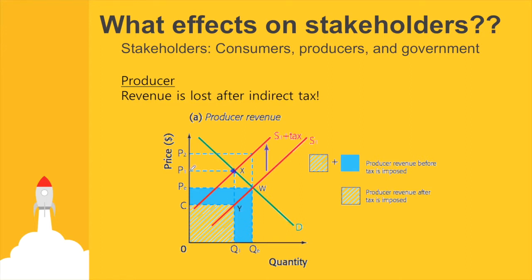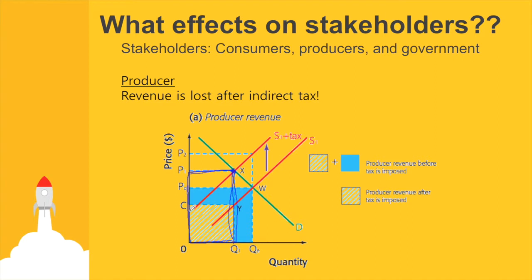At this new equilibrium, the producer revenue is this long rectangular box. This will be the producer revenue after indirect tax. However, this doesn't mean that producers receive this whole revenue.